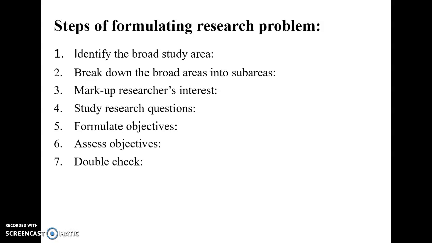And the last step is the formulation of final research objectives. After rechecking, if everything goes well, then the researcher should formulate the final research objectives to continue the research study. So, this is all about the steps.